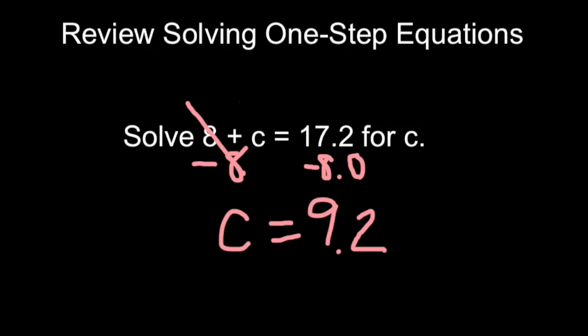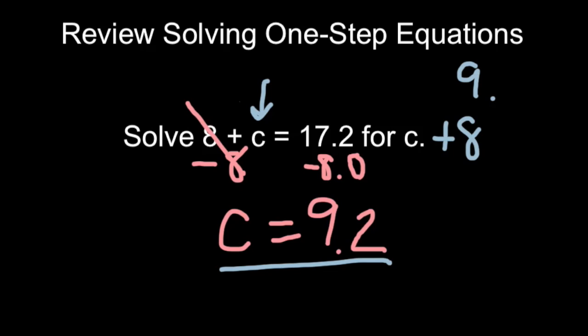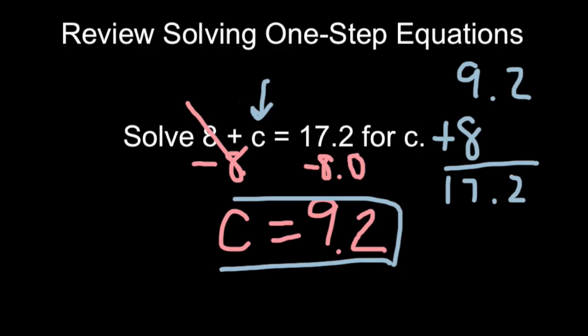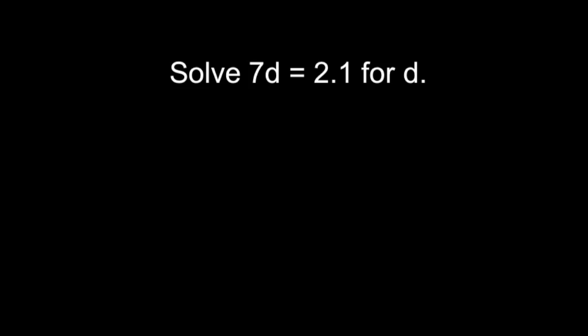We can check our work by taking this value of c and putting it back into the equation. So we've got 8 plus 9 and 2/10, and we'll know if it's true if it ends up equaling 17 and 2/10. 8 plus 9 is 17 and 2/10. So c definitely equals 9 and 2/10.